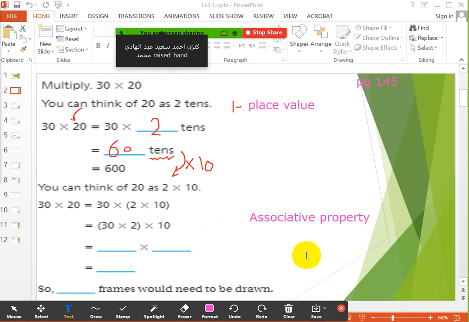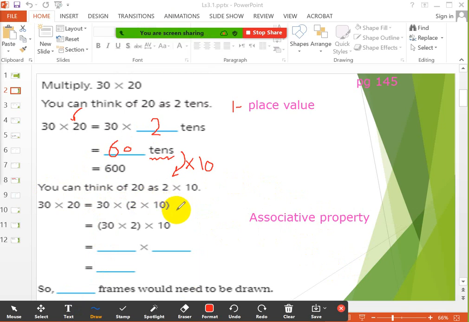I told you in associative property, if I have 3 numbers multiplied by each other and 2 numbers between parentheses, so like 30 multiply 20.